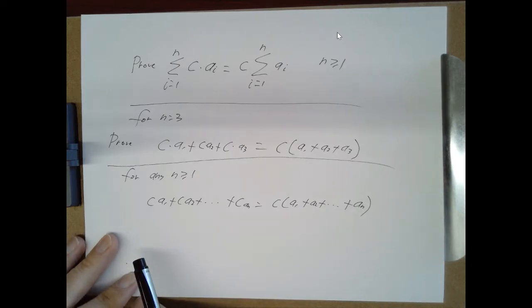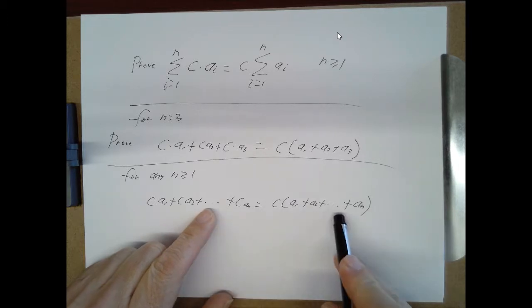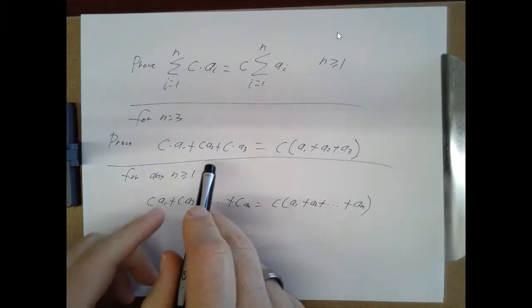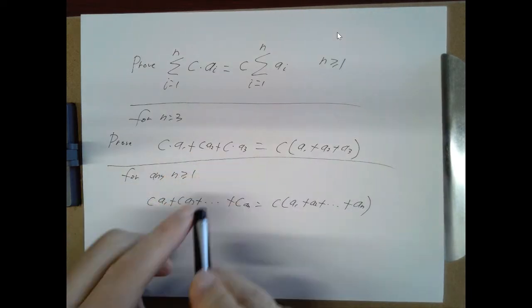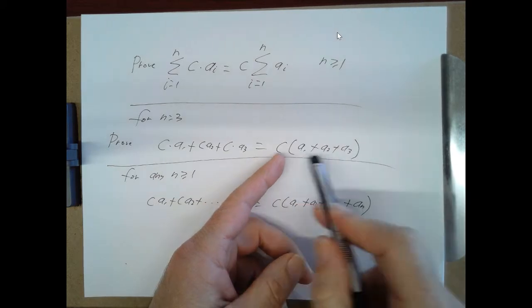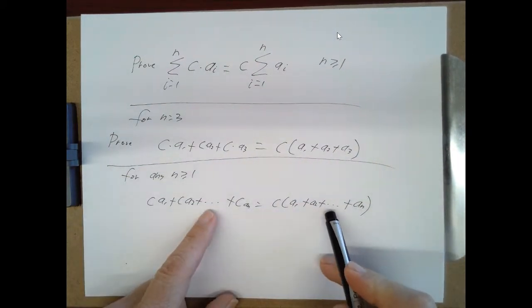And that's where somebody who's being a troublemaker is going to raise an objection and say, wait, how do you know that dot, dot, dot and that dot, dot, dot work this way, right? If you have actual terms, c times a1, c times a2, c times a3, we can pull out the c and we can multiply c by each of these and confirm that we get that. But when we have these dot, dot, dots, we can't do that, okay?